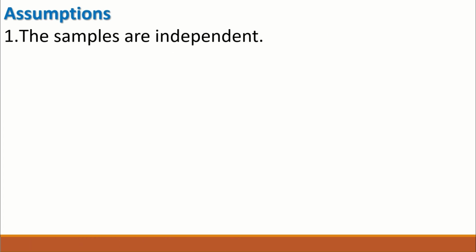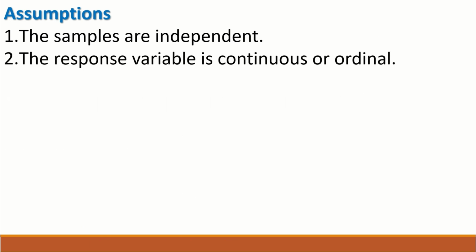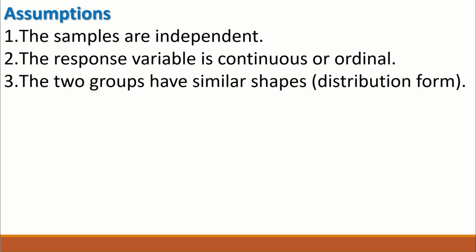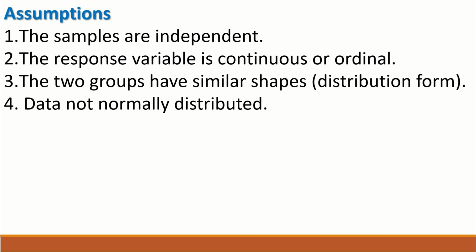So assumptions for the Mann-Whitney U test are that the samples should be independent, separate, unpaired. The response variable, which is the dependent variable, is continuous but not normally distributed, or ordinal. The two groups have similar shapes, distribution, form, and data are not normally distributed.